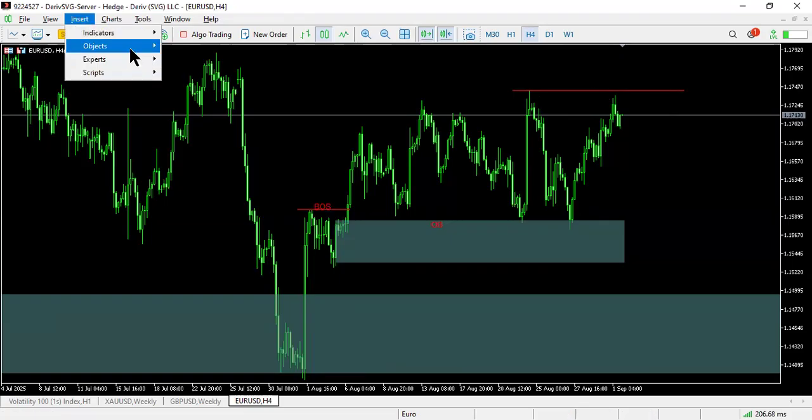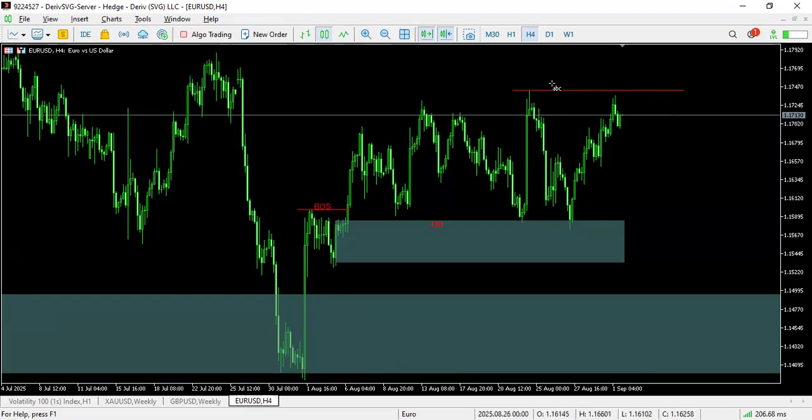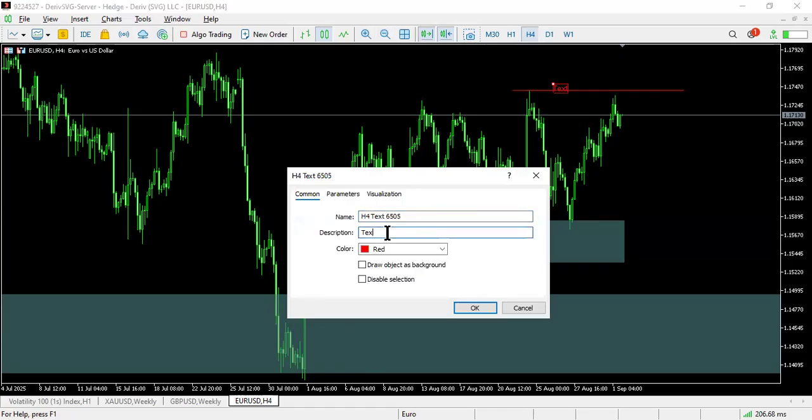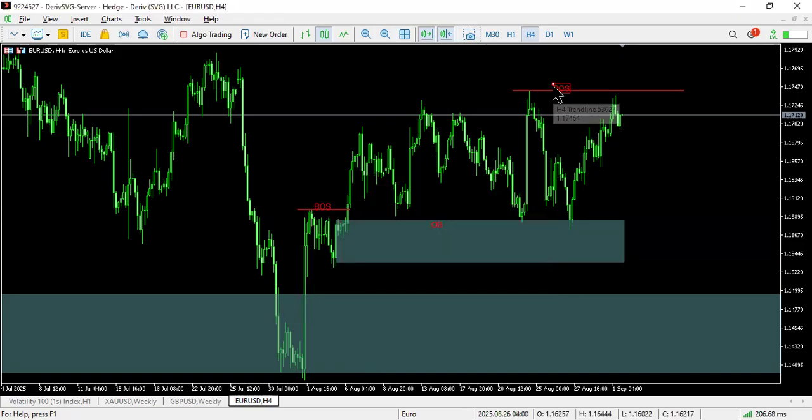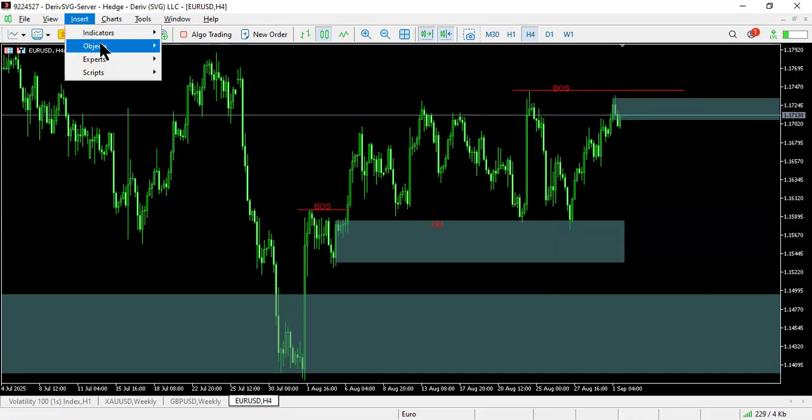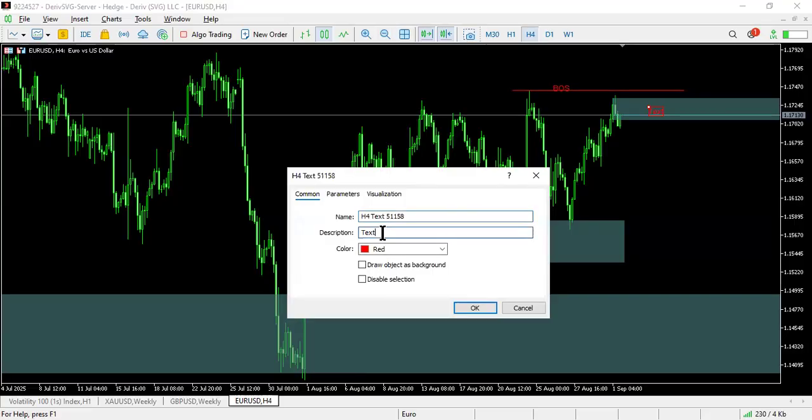That will be a break of structure because Euro USD is trending upwards. And then that is our order block from the 4-hour time frame.